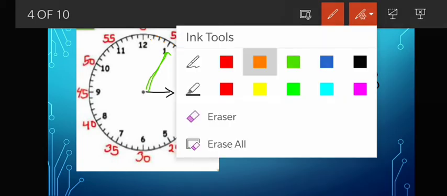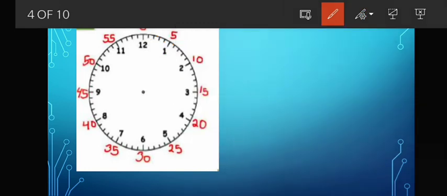Now for example, the same 3 o'clock. The hour hand is at 3, and the minute hand is at 5's place.